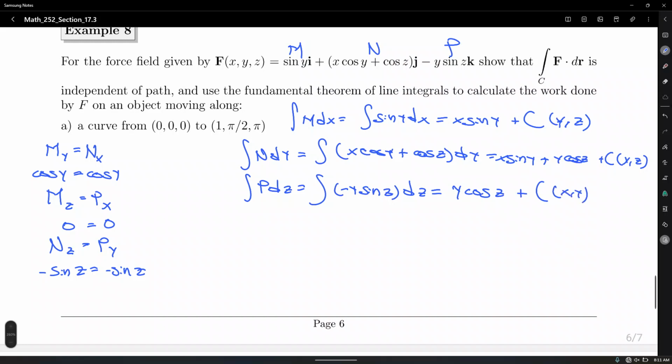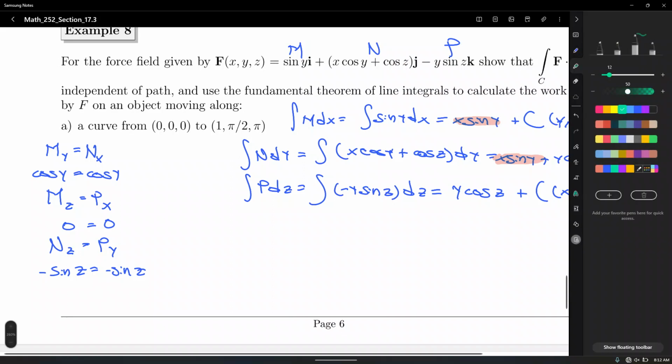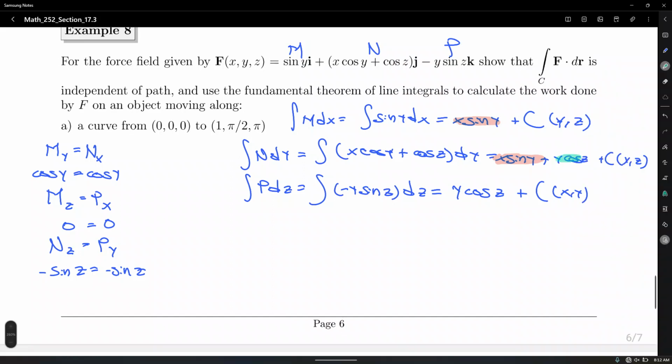Alright? Let's form our potential function. Let's highlight the different results. So number 1, x sine y with another x sine y. What else do we have? y cosine of z, y cosine of z. And again, to form our potential function, phi of x, y, z, in this case 3 variables, we only write one instance of it.